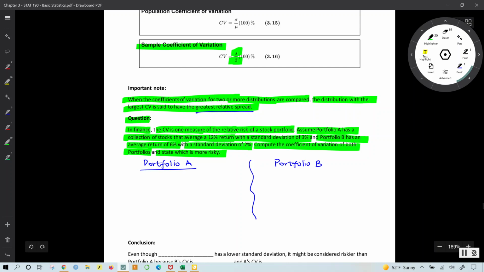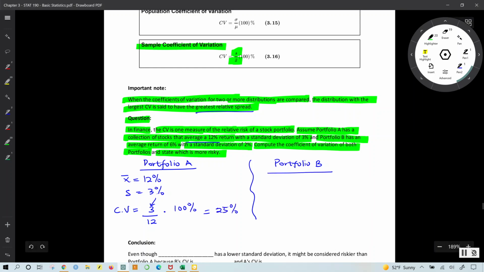The average for portfolio A is 12%, so X bar is 12%, and the standard deviation is 3%. So the coefficient of variation will be standard deviation 3 divided by 12 multiplied by 100%, and that will give 25%.